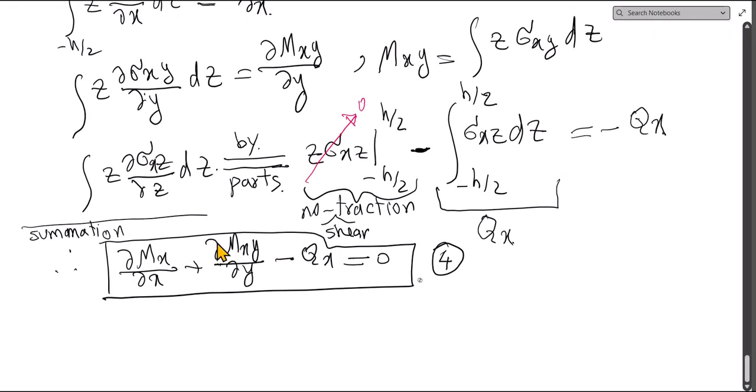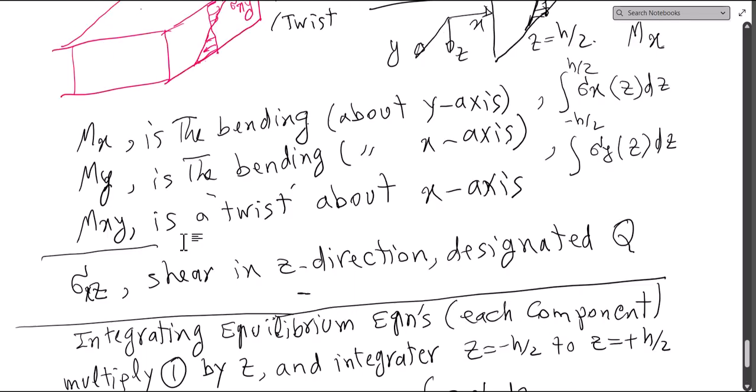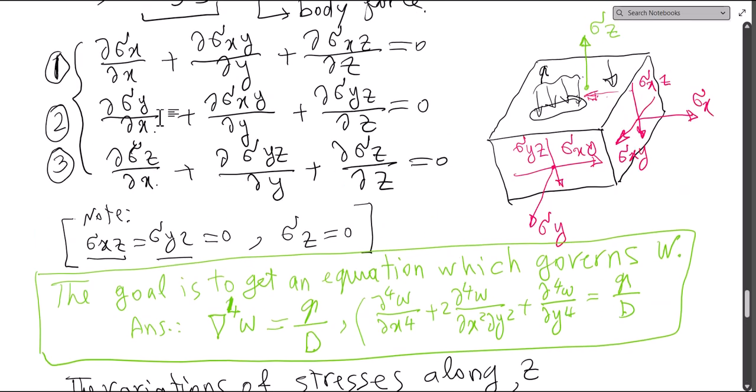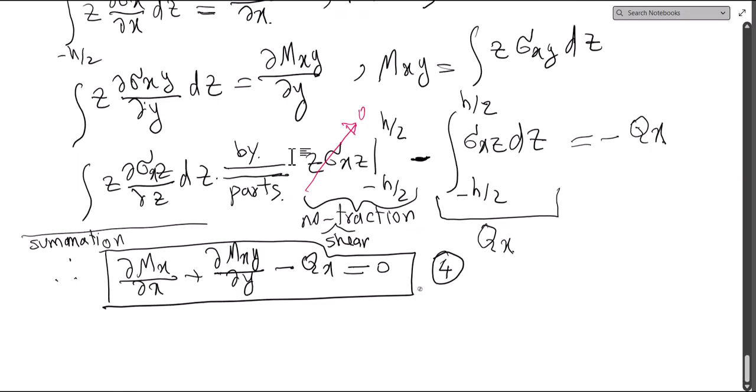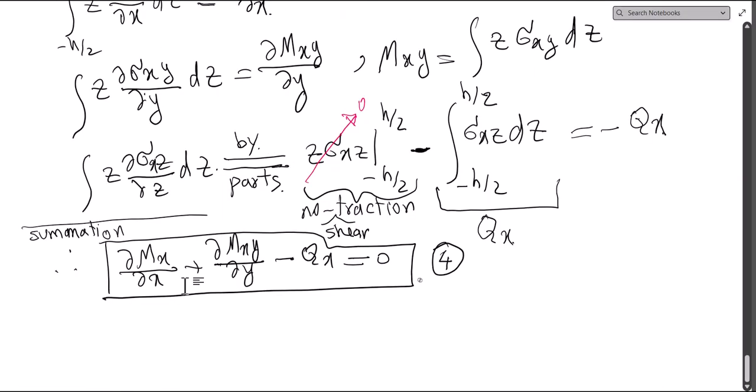So this is the result of the summation, because from equilibrium we calculated each term and then summed it up equal to 0, and then we have this equation.